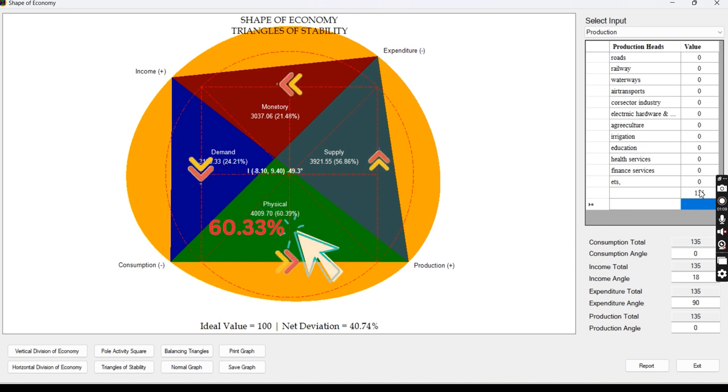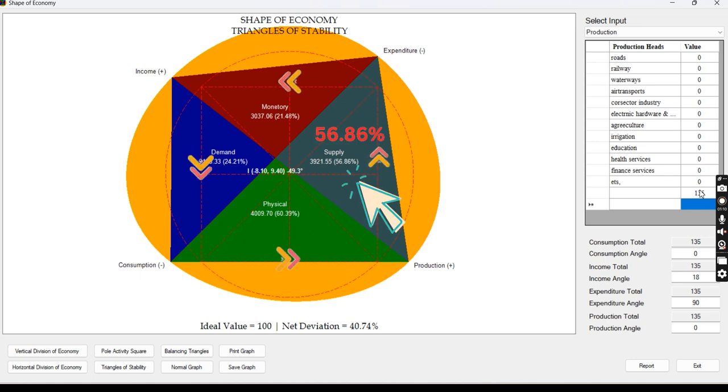Physical availability is now indicating a much higher growth of 60%, and supply is less than the demand emanating from consumers, that is 56%. So that means the economy is ready to take a jump.